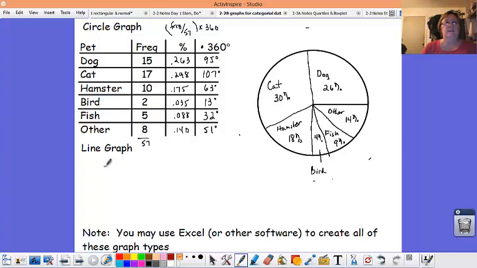The last type of graph that I'd like to talk about just a little bit today is called a line graph. And line graphs show trends over time, folks. So the x-axis is always a timeline, perhaps years or days or minutes, whatever the case may be, months of the year. A line graph then shows frequency, which makes it part of the bar graph family, okay?